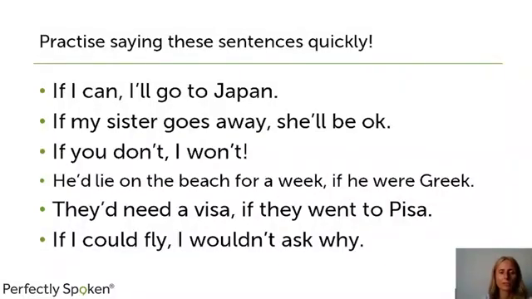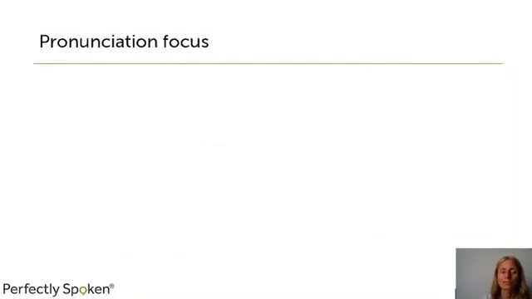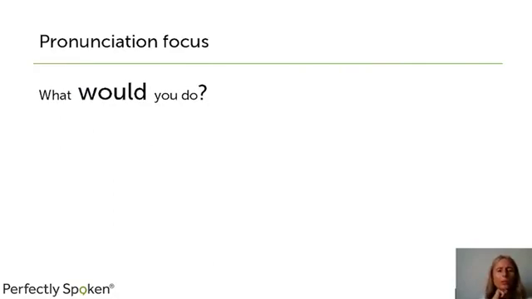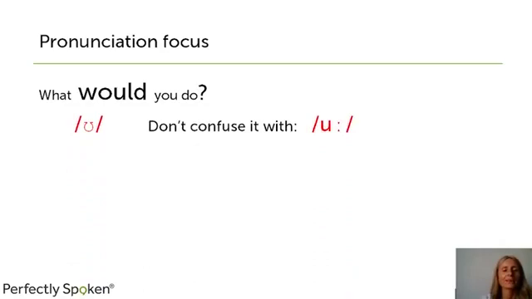Okay, and now we're going to look at some more sounds which are very important to conditionals in our pronunciation focus. So what would you do? Okay, what would you do? That word there, would. Strange pronunciation. And the sound is what would you do? And don't confuse it with ooh.